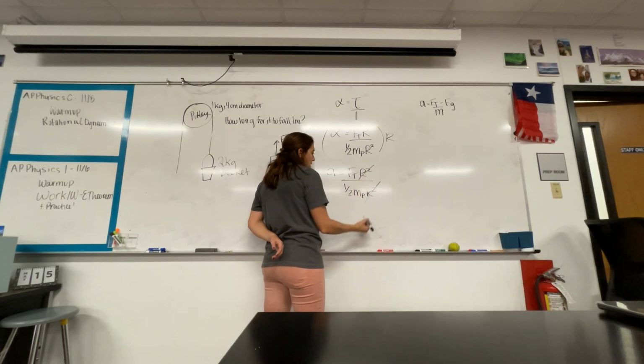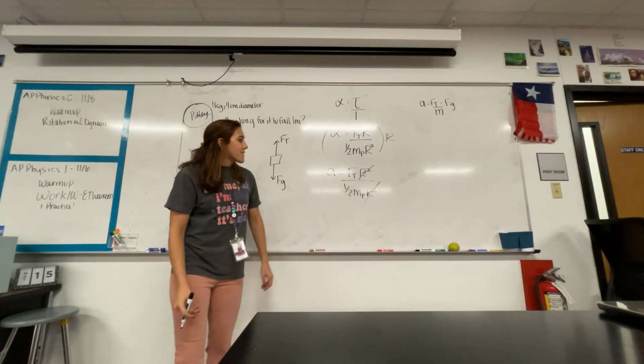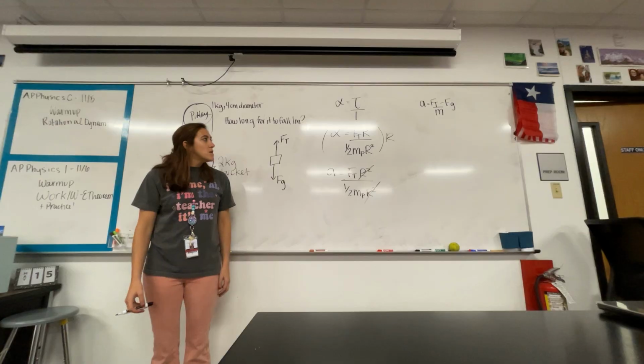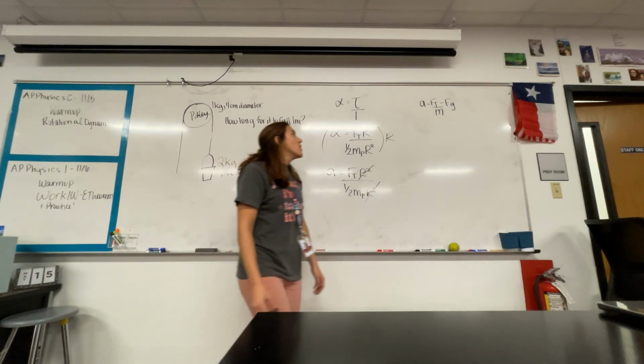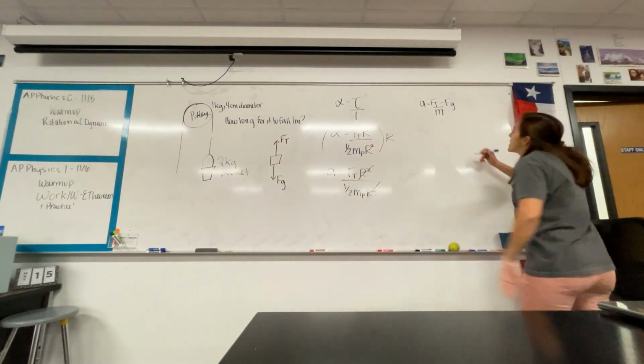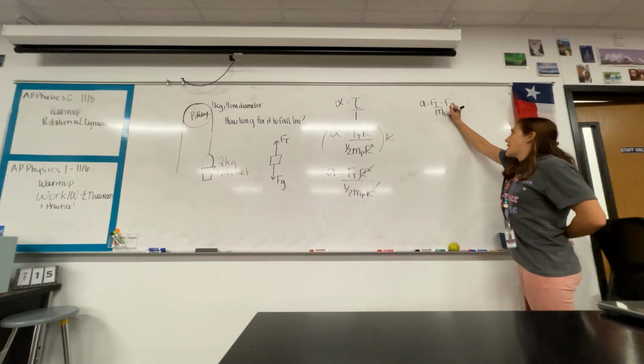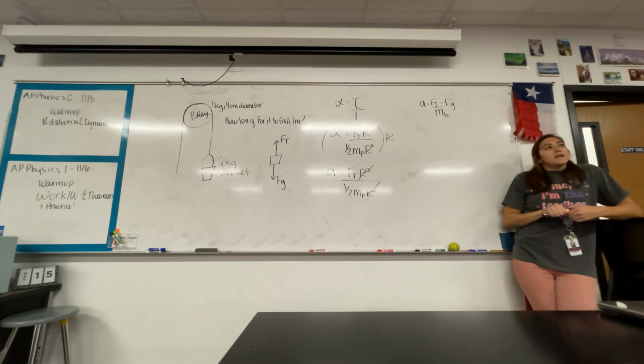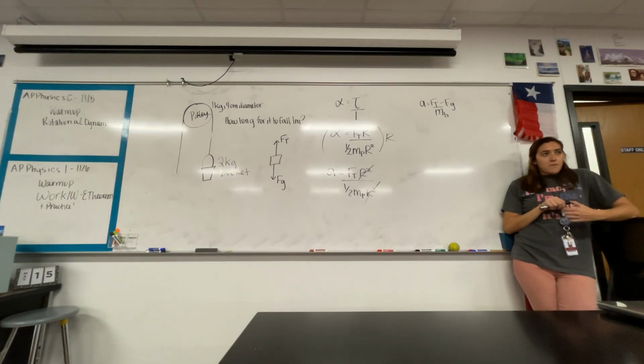R squared's canceling out, and I've got that there. All right, that seems pretty cool. Over here for the linear side, this is, just as a reminder, the mass of the bucket, so we don't get those confused. All right, my goal is to solve for a. What do you want to do?